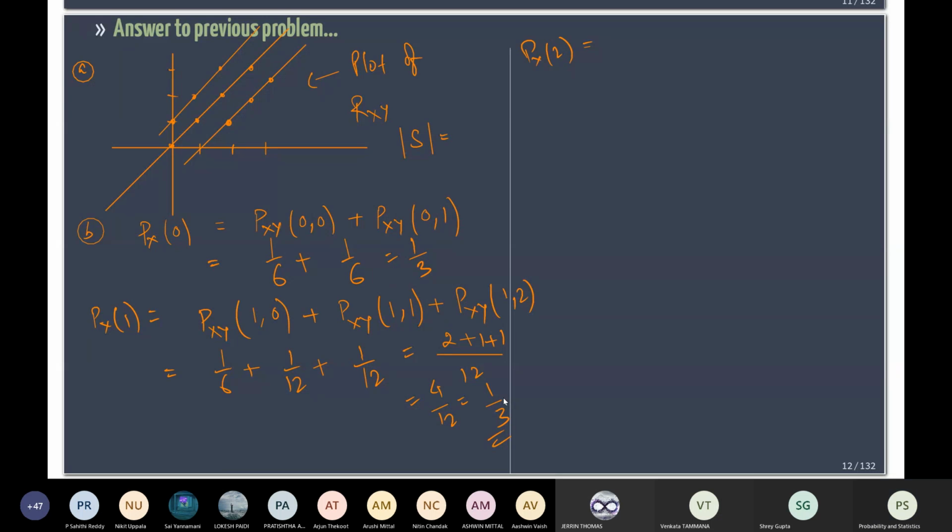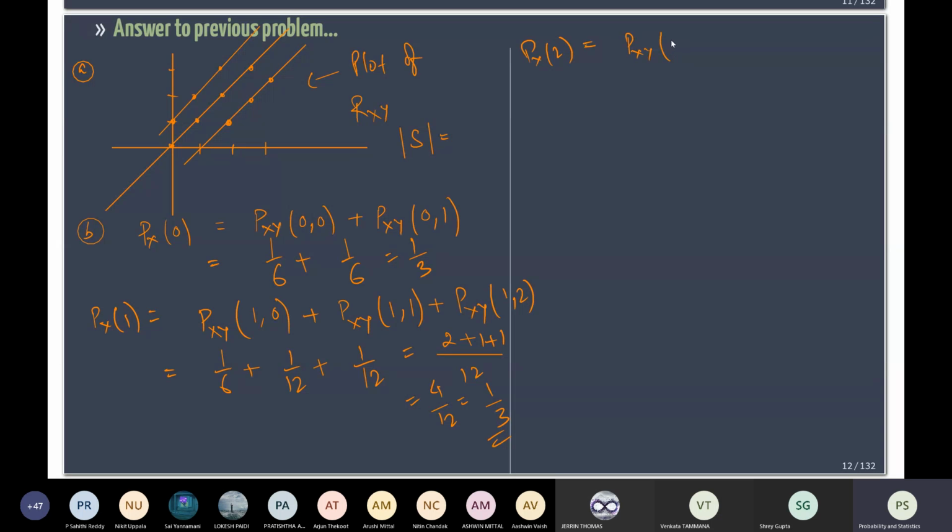Yes, this is correct. We are only finding the pattern because x will go up to infinity, but we are trying to find a sequence that we can write compactly. So what is pX(2)?